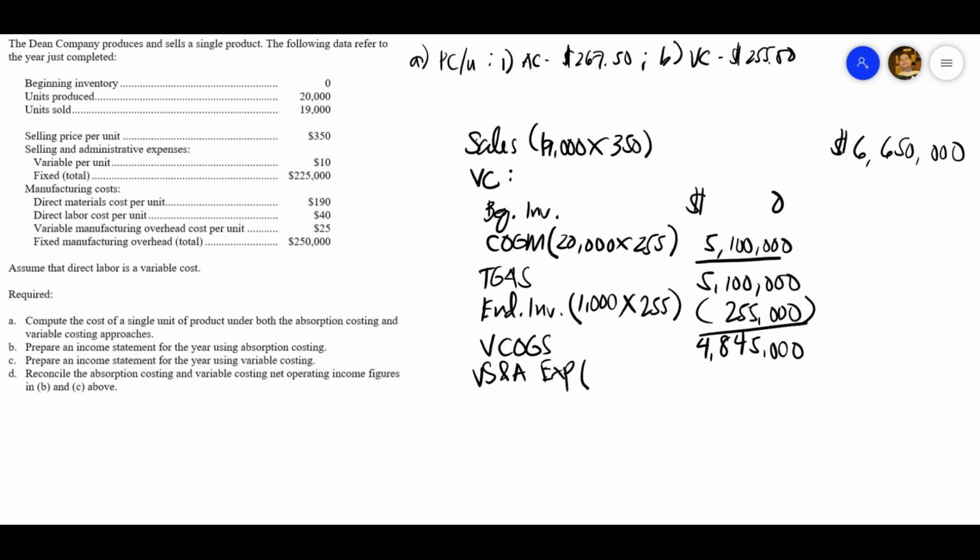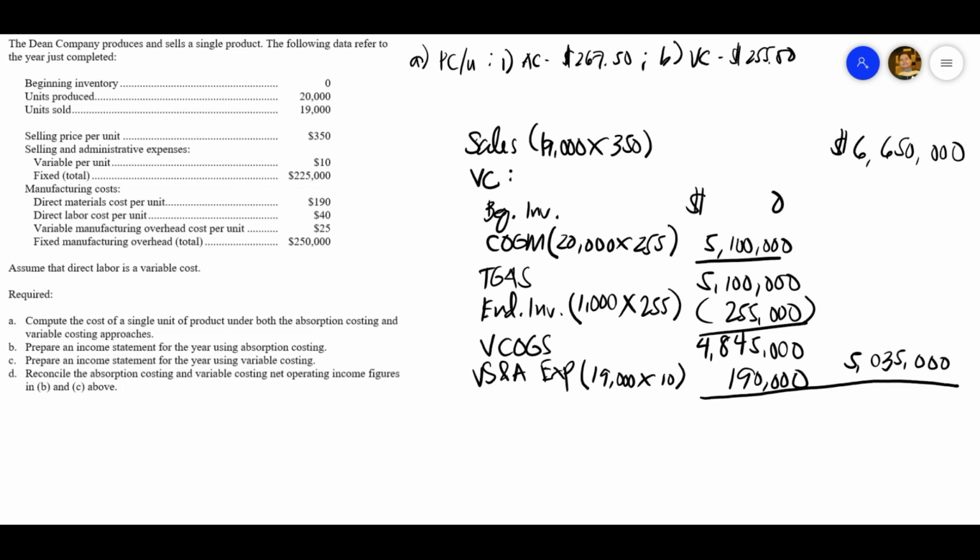So we have here 19,000 multiplied by the variable cost per unit that pertains to your selling and administrative expense of 10. So it shall give us a value of 190,000. Since we have now both the values of your variable cost of goods sold and variable selling and administrative expense, it will give us a total variable cost of 5,035,000.